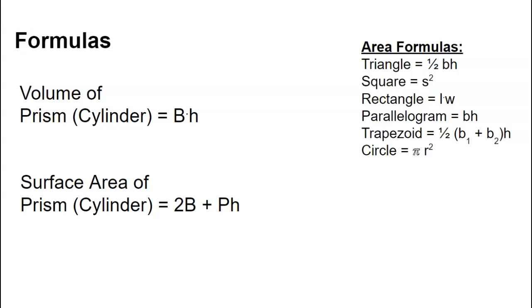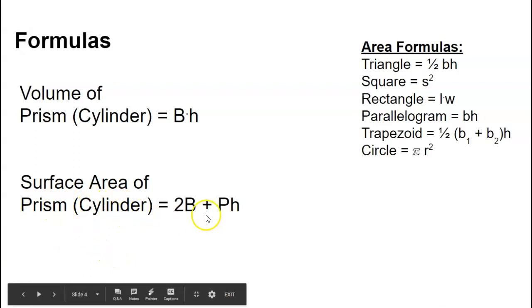Some people like to think about if you took wrapping paper and actually wrapped your three-dimensional shape, how much wrapping paper would it take to wrap over it? But surface area is the area of all the bases and all the faces. So when in doubt, if you can't ever remember a formula for surface area, you can literally go face by face, base by base, and just find the areas of all of those two-dimensional shapes and add them up. That always works for finding surface area.